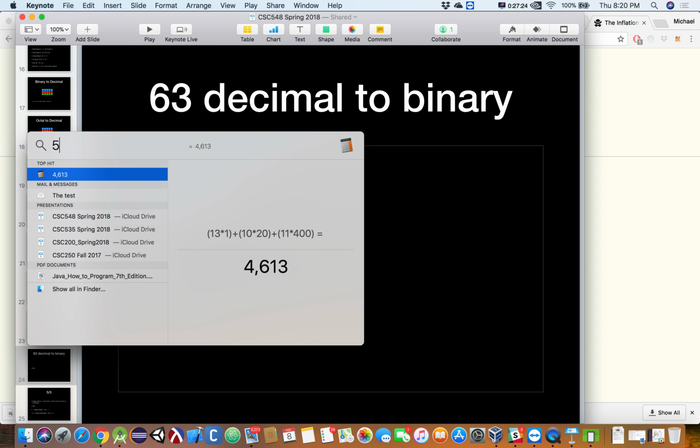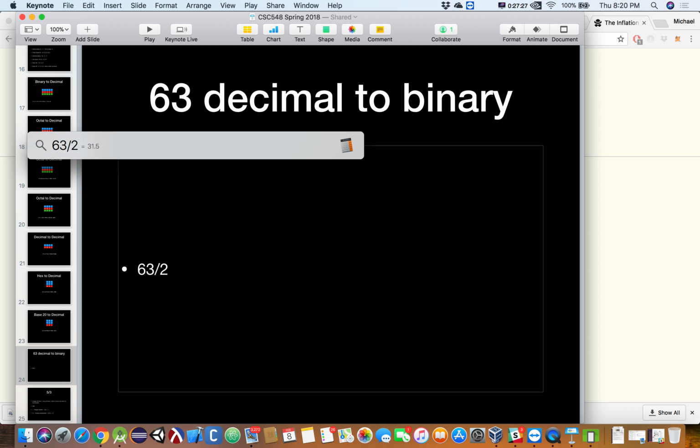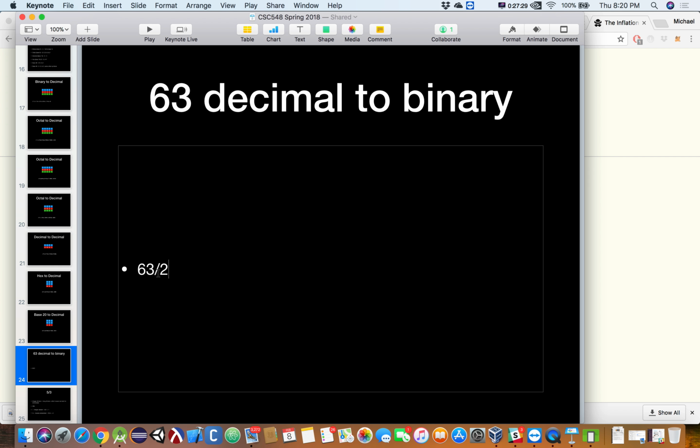All right, so 63 divided by 2 is 31. 31 times 2 is 62, and it takes 1 more to get to 63, so that's a remainder of 1. 31 divided by 2 is 15. 15 times 2 is 30, remainder 1. 15 divided by 2 is 7. 7 times 2 is 14, remainder 1. 7 divided by 2 is 3. 3 times 2 is 6, remainder 1.